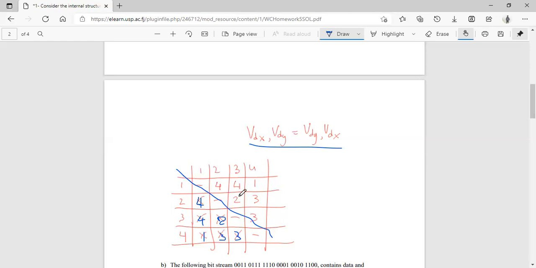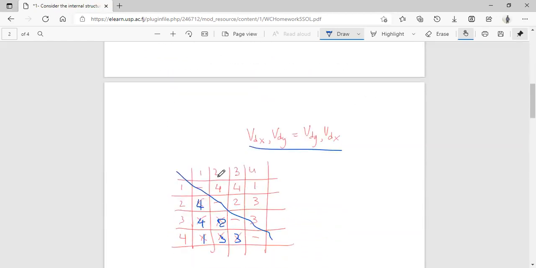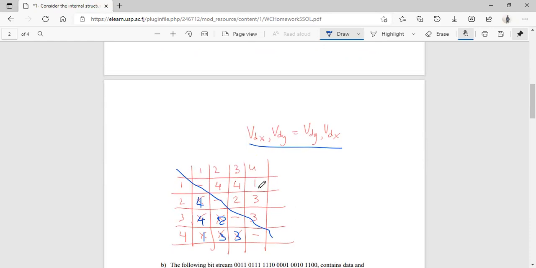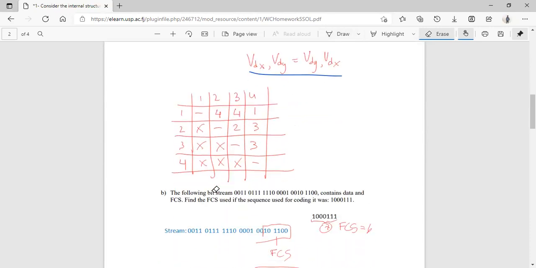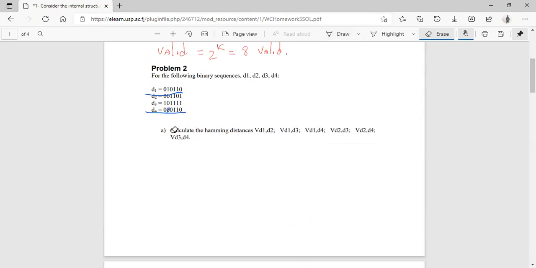All the values are there. We needed to find 1, 2, 3, 4, 5, 6 values. How many values do we have? 1, 2, 3, 4, 5, 6 values, right? So we are able to answer this question in this way. Basically, Hamming distance is the number of bit differences between the two sets of data, right?